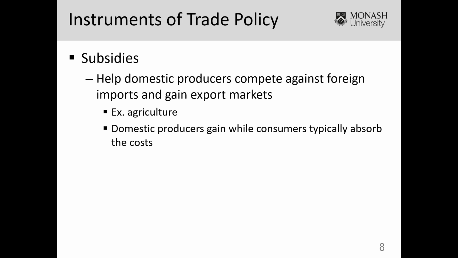One of the reasons I said it was frequently applied to older industries was because often the justification for both a tariff and a subsidy is to protect an emerging, a newly growing industry, something you're trying to build up.